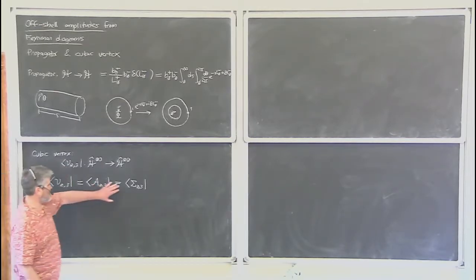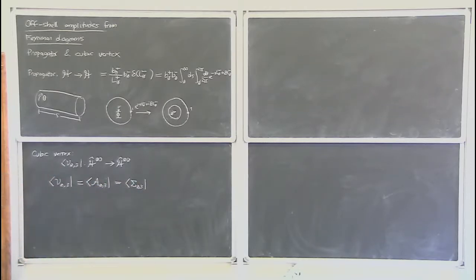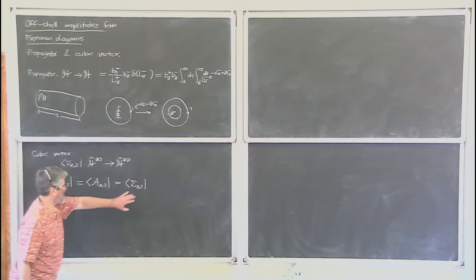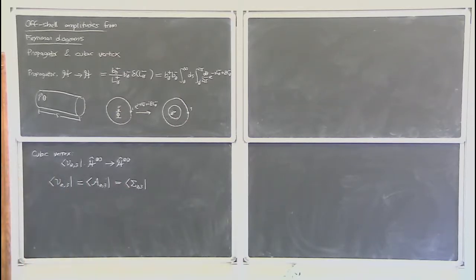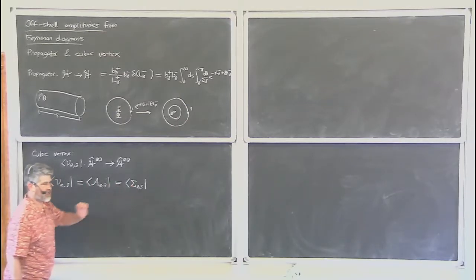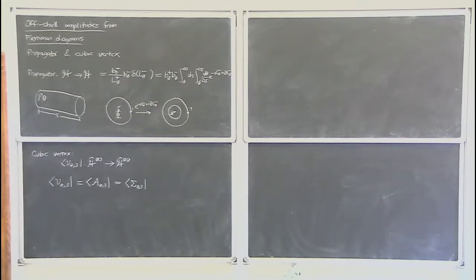So it looks like I have a copious proliferation of notations here, but I just wanted to emphasize that these, in general, will be 3 very distinct objects. But they happen to all be the same in the case of the cubic vertex.